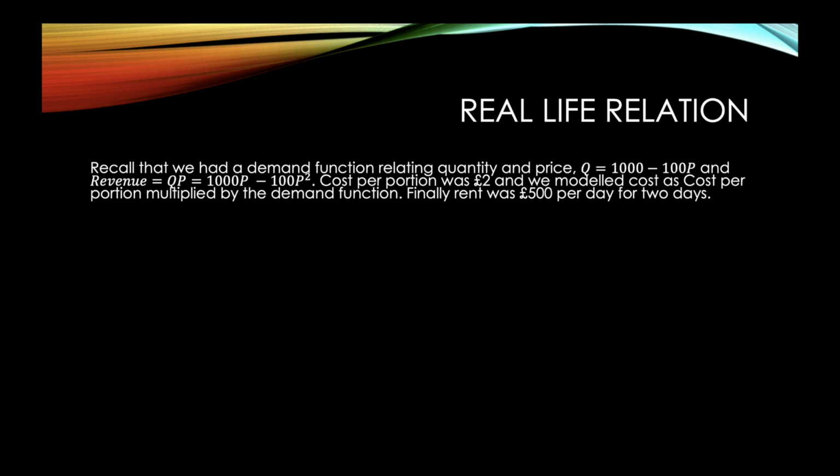And then we also assumed that the cost was £2 per portion, and we model the cost as the cost per portion multiplied by the demand function. And finally, let's not forget rent was £500 per day for 2 days.